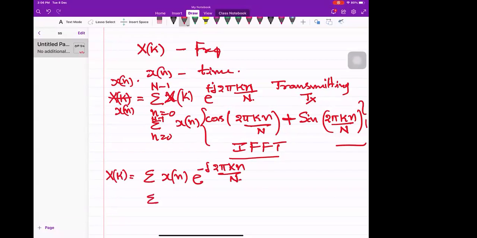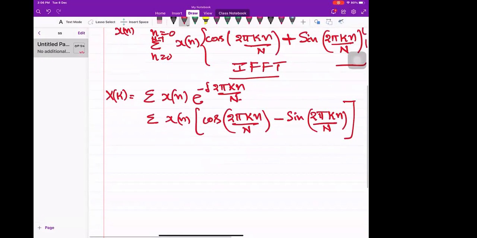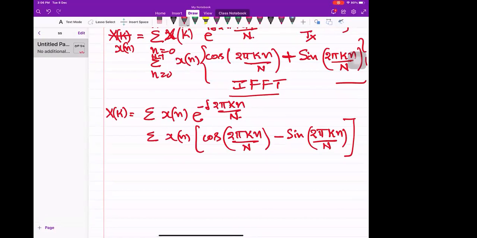That means the summation of x of n times cos 2 pi k n by capital N minus j sine 2 pi k n by capital N. This is my equation, right? So one is IFFT and another one is FFT. This one is my FFT block.